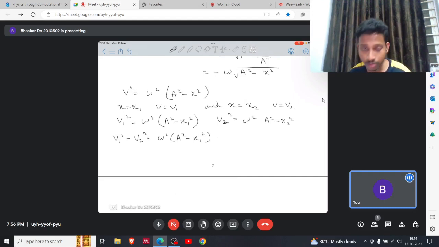So v1 square minus v2 square is omega square into a square minus x1 square minus omega square into a square minus x2 square.